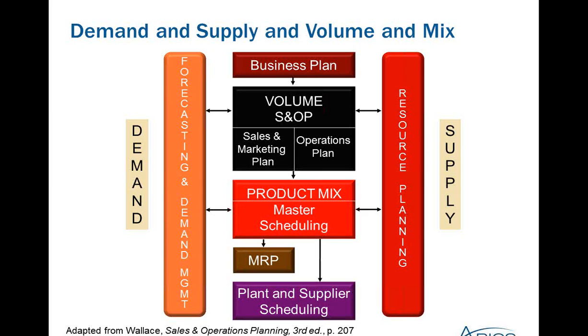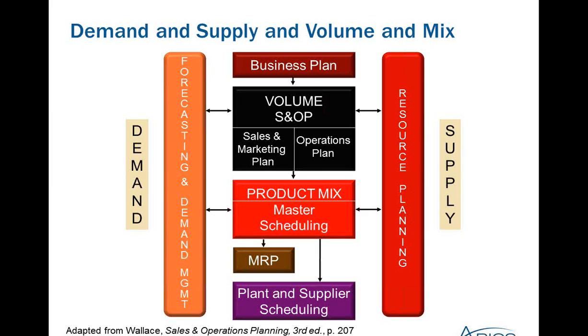Then from a detail point of view, the business plan, especially because you're looking so far out in the future, is not very detailed at all. As we get it into S&OP, you come up with more details. We start to break it into families, and then as you go down the line, by the time we get down to the plant, we're looking at huge amounts of detail.